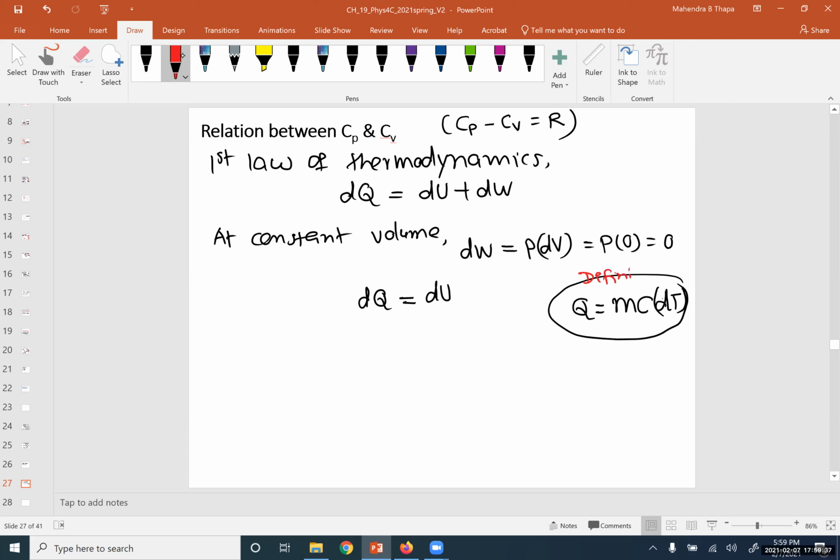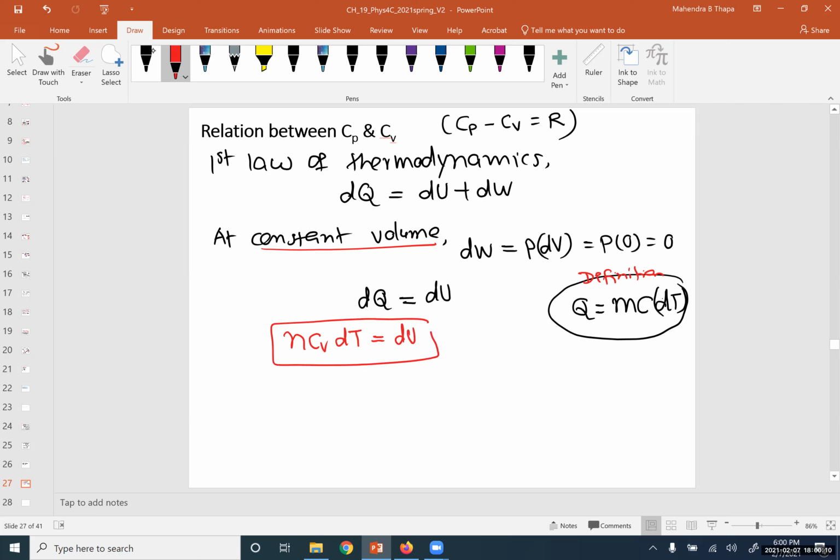So in this case, if we take n moles, we can write n Cv dT, because this is the case at constant volume, so the specific heat capacity will be Cv to indicate the difference. So this will be dU.